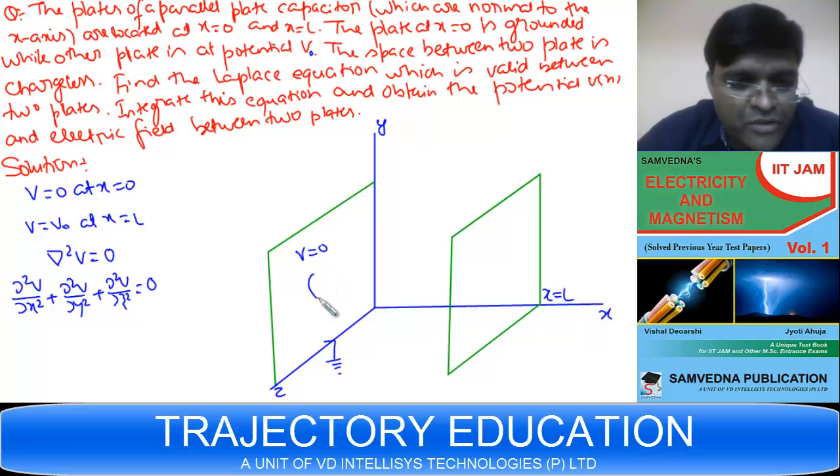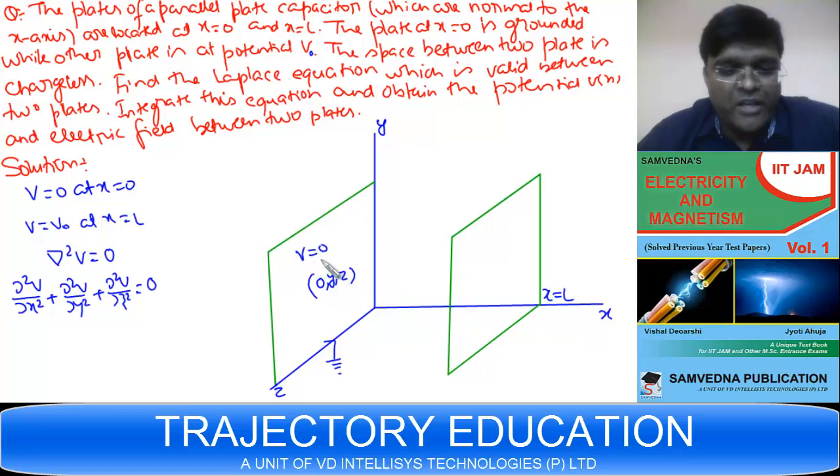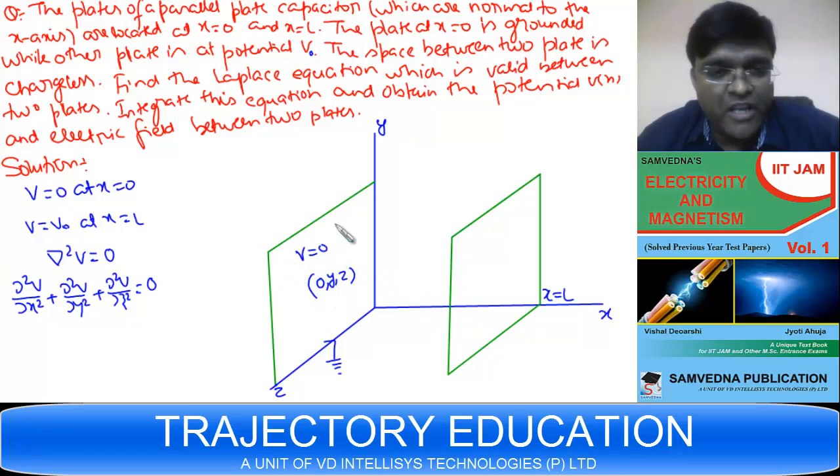Any general point of this plate can be written as (0, y, z). On this plate the y and z coordinates are varying. They are independent variables, unrestricted, but V remains 0. What does it mean? It means V may not be varying with y and z.